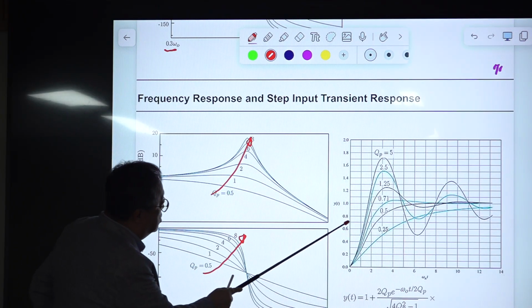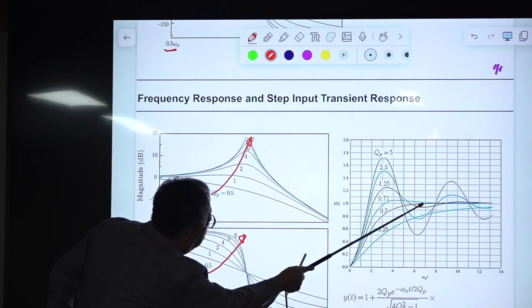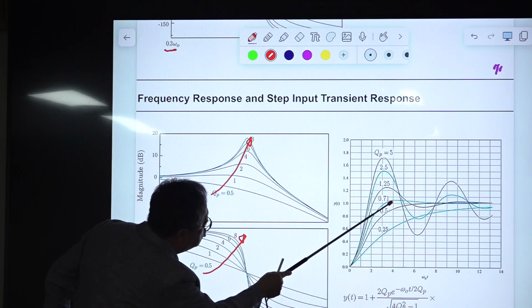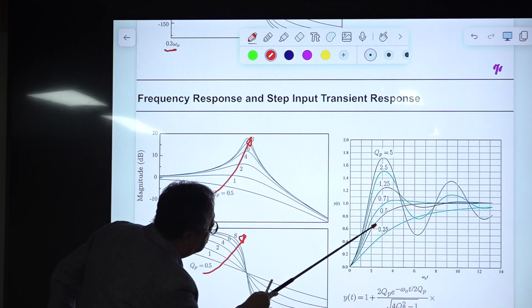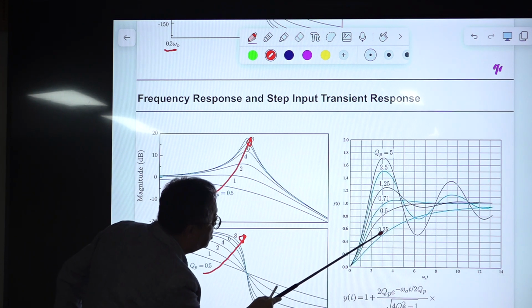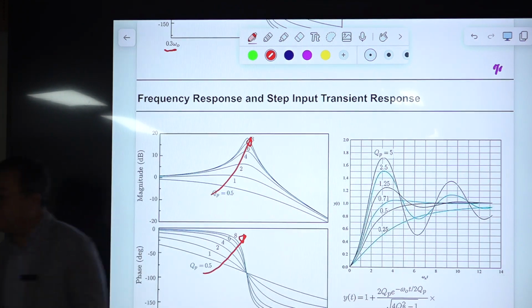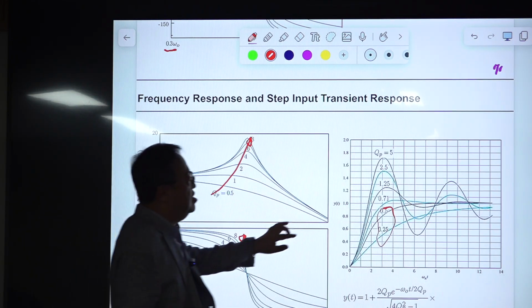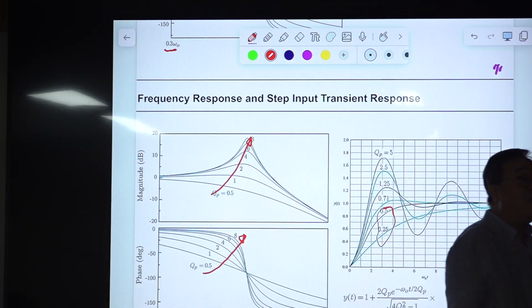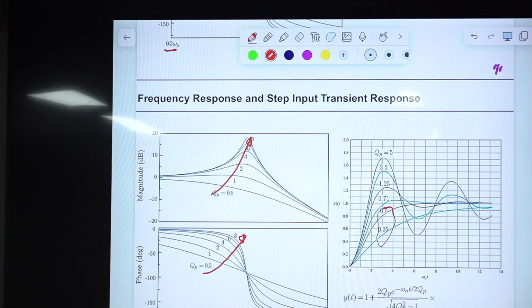And take a look at this. There is a slight peaking, overshoot, and with this, the peaking is gone, and with this, the peaking is gone, okay? So they behave like a first order system. So at this time, this is a sinusoidal waveform, and this is an exponential waveform. Sum of two exponential waveforms.